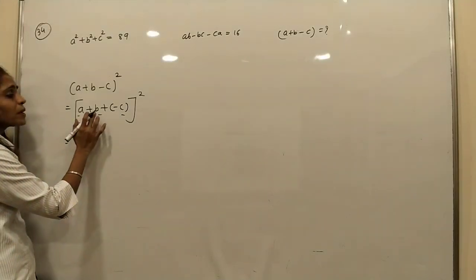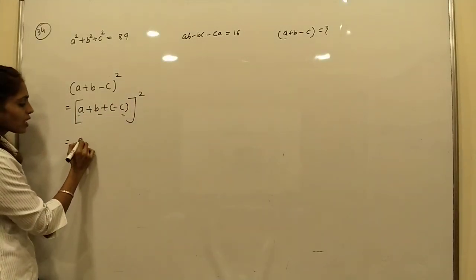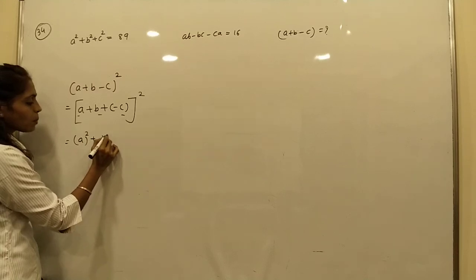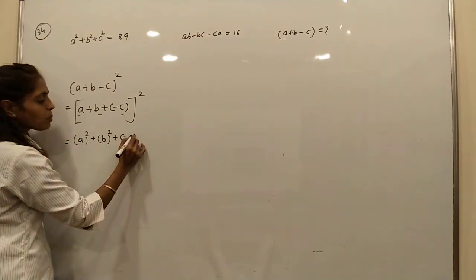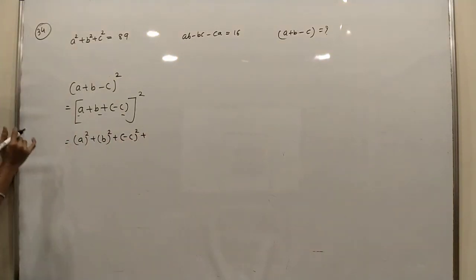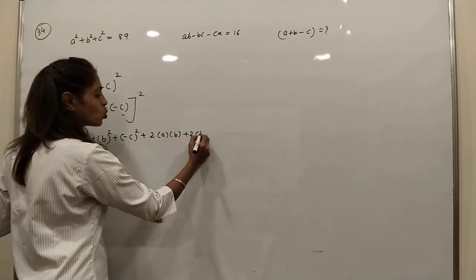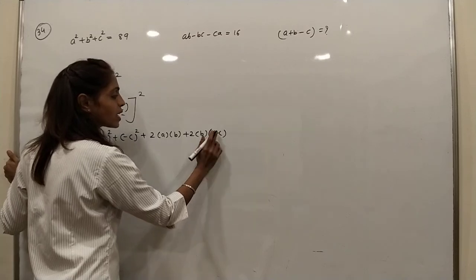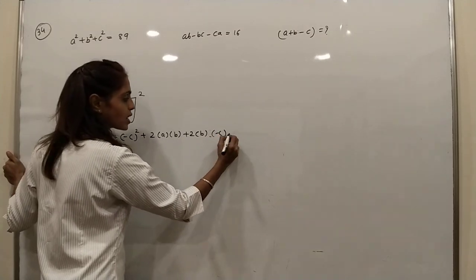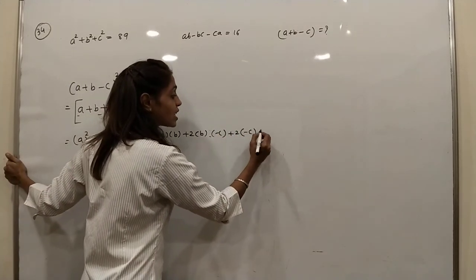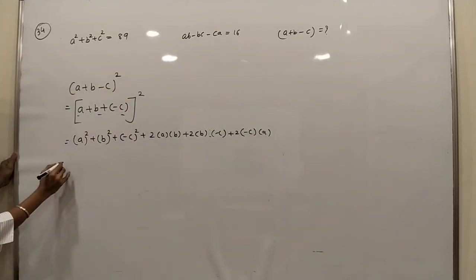Now the a plus b plus c the whole square formula is a square plus b square plus c square plus 2ab plus 2bc, with c replaced by minus c, so bc becomes minus and also 2ca. Only c is negative.